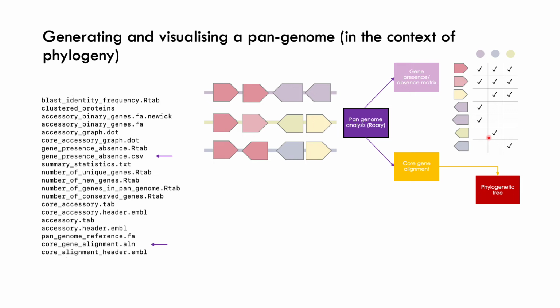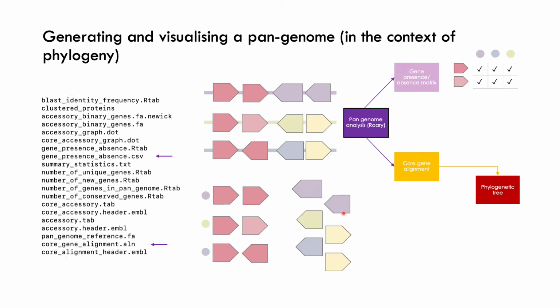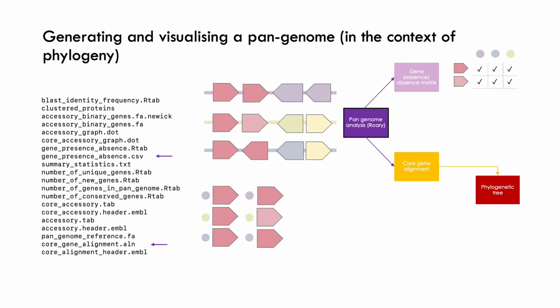So to make the alignment, to make the tree, we first take our core genes. We don't want the accessory genes for these because they're too different, and there are other tools and analyses that do consider the accessory genome in constructing trees, but I'm not going to talk about that today. We don't want the accessory, so we can essentially discard those. I've discarded them from the matrix up here as well, just to show.